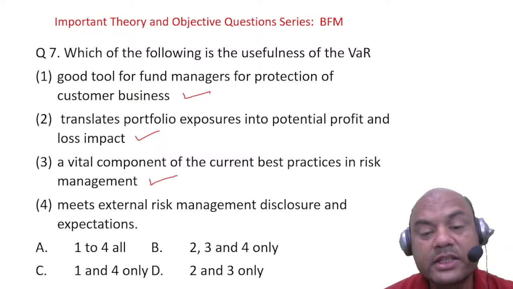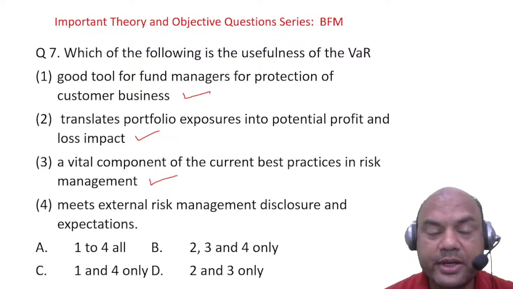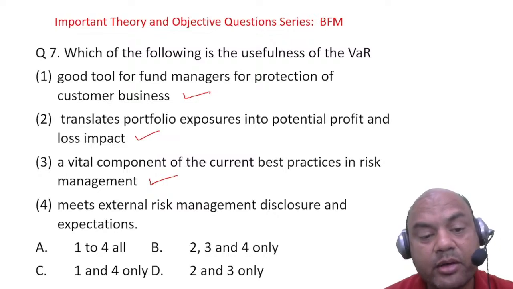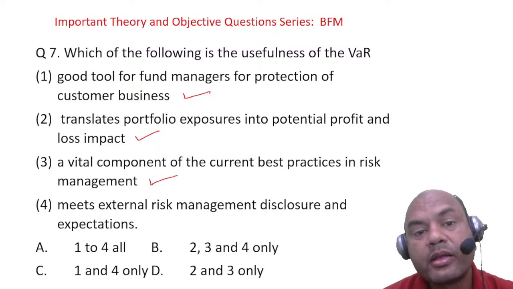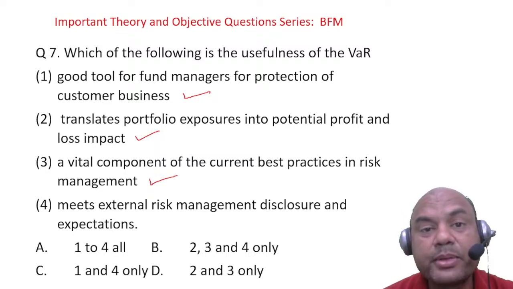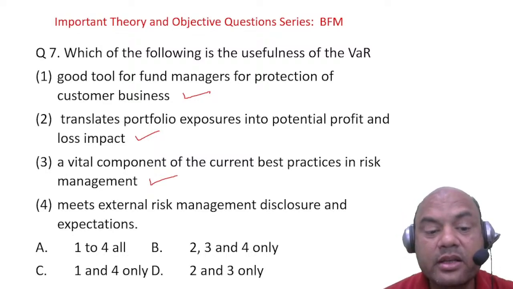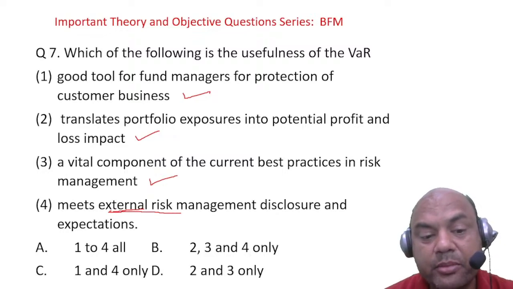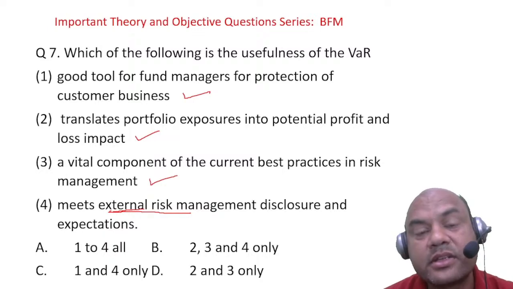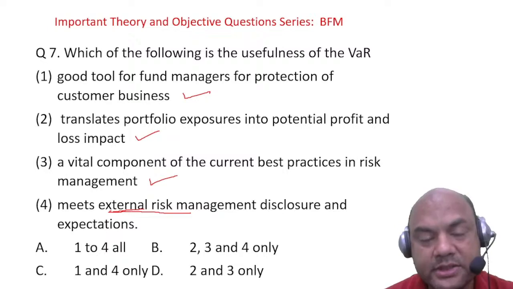Meets the external risk management disclosure and expectation. This is an important condition in the Basel norms. External risk. Basel norms consider systemic risk. Very important. Systemic risk is an external risk, which is not because of you. It is basically the settlement risk.